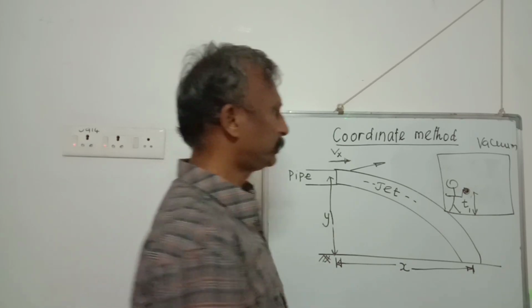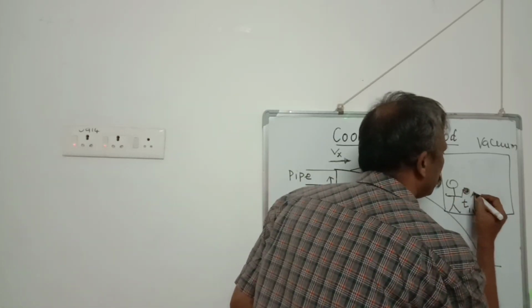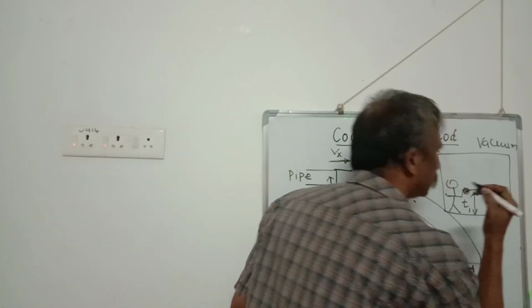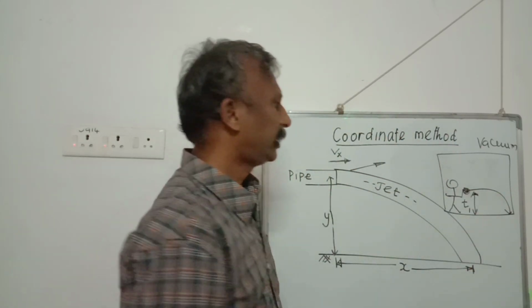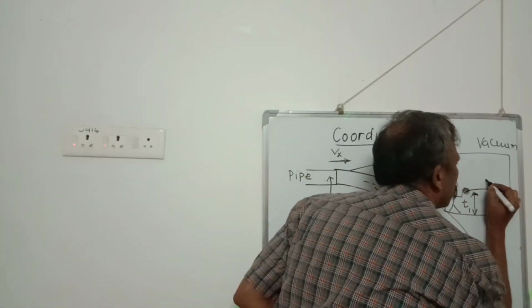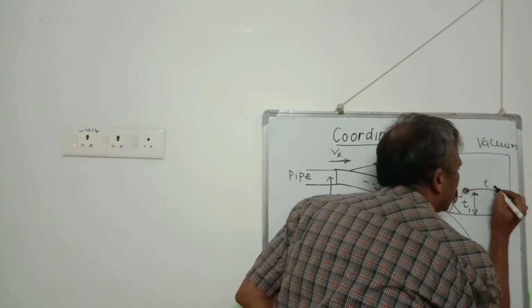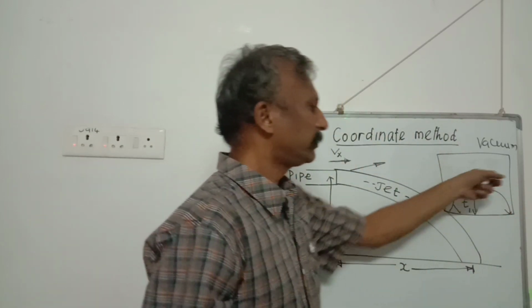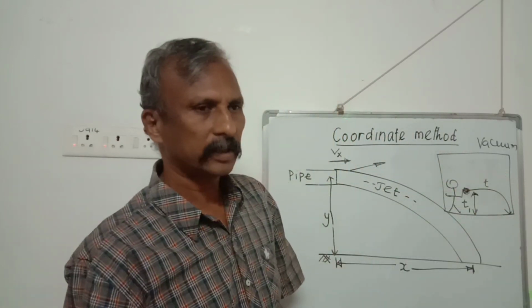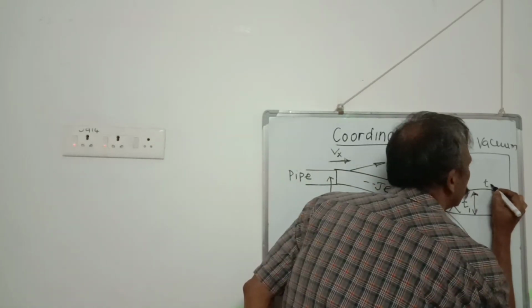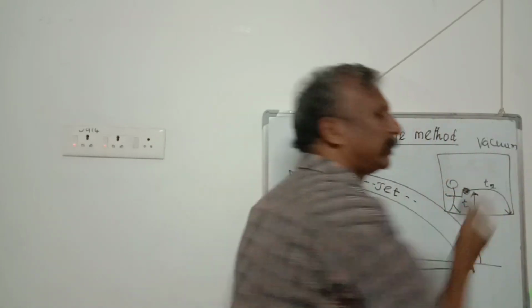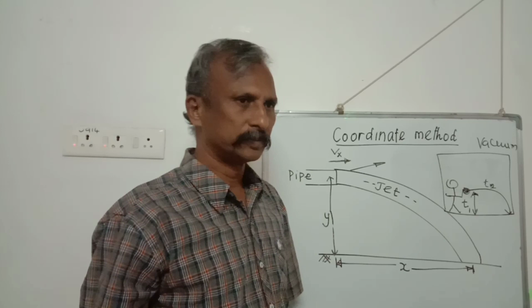Let us also assume that he throws the object for a little larger distance, and let us denote the time taken for the object when it is following a projectile path as t2.